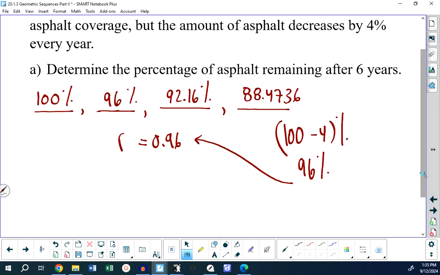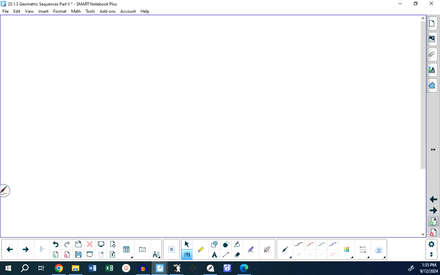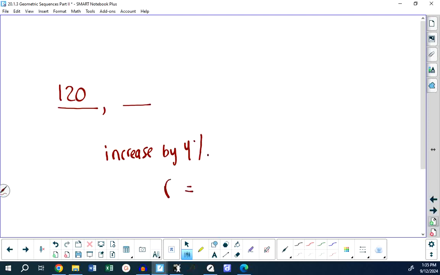I have a question for you. So we're just going to forget about this for a minute. If I told you that we had something, maybe the price of an item, and it goes up by 4% every year, so we're going to increase by 4%, what is r? 1.04.